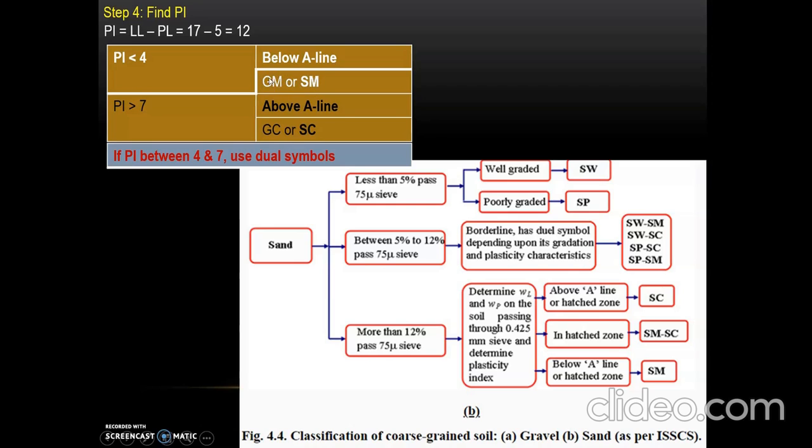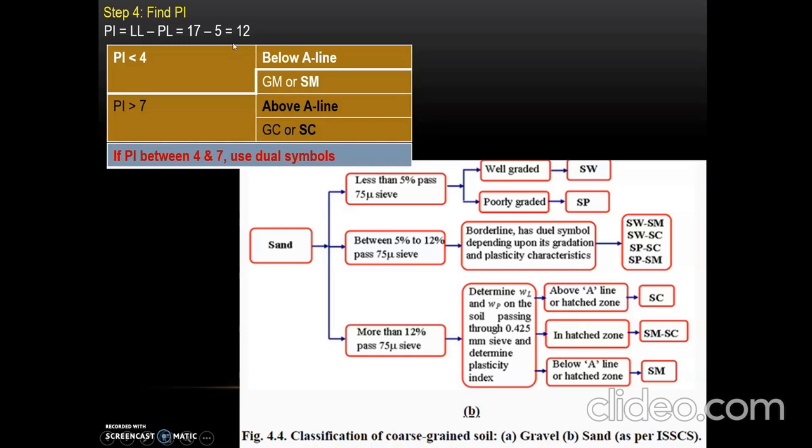GM means silty gravel and SM means silty sand. And let us say if PI value is greater than 7, then we say that the soil falls above A line. Then it can be classified as GC or SC. GC means clayey gravel and SC means clayey sand. And if PI is between 4 to 7, then we will have to use dual symbol.